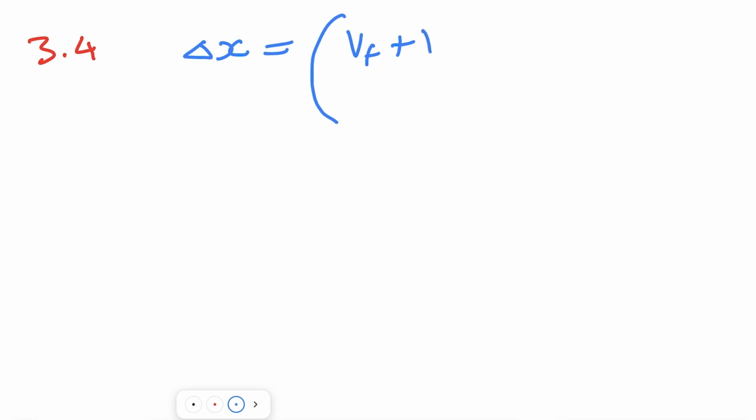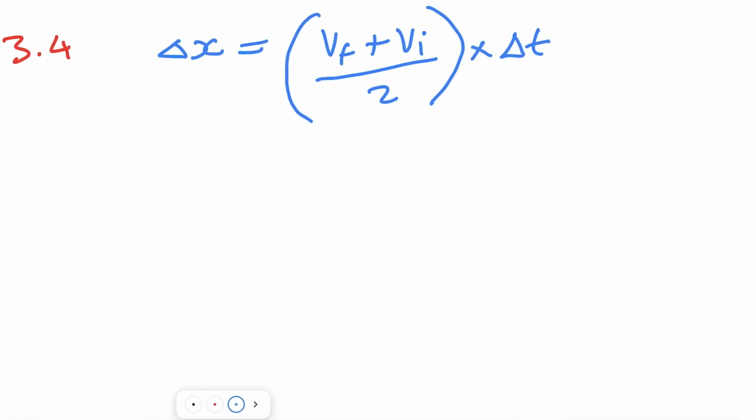For this question we are going to use this formula: change in x is equal to open bracket final velocity plus initial velocity, divided by 2, multiplied by the change in time.